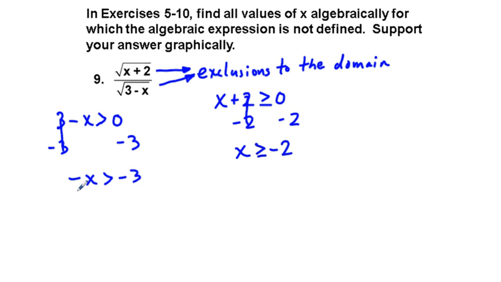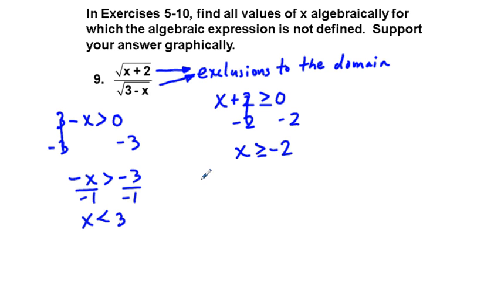And solving for x, I'm going to divide both sides of this inequality by negative 1. So negative x divided by negative 1 is x. And negative 3 divided by negative 1 is 3. But we divide by a negative number, so we have to change the direction of our inequality. So we have two conditions. x is greater than or equal to negative 2, and also x is less than 3.